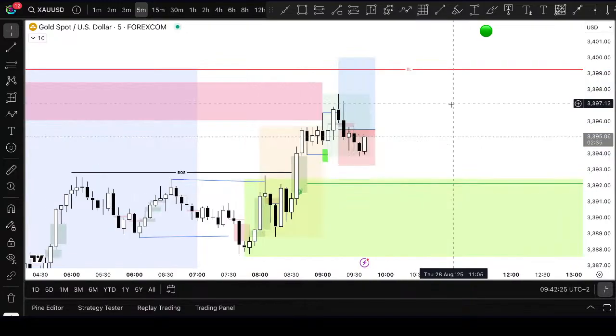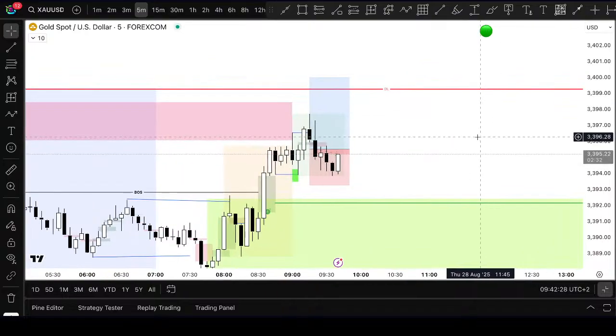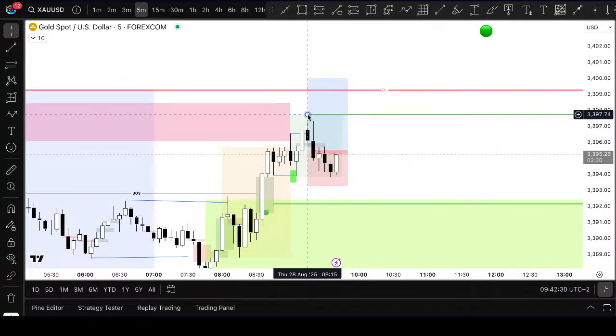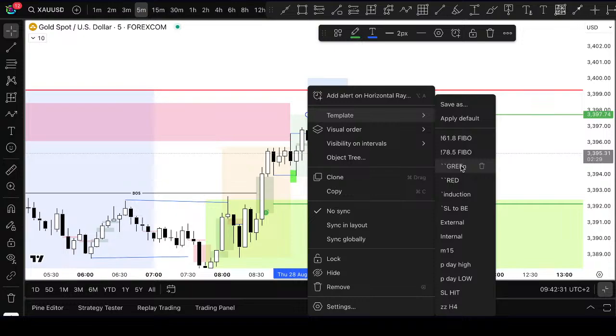I don't know where or how the price is going to move. If it moves up, then it's fine. We will move our SL to the break even point.